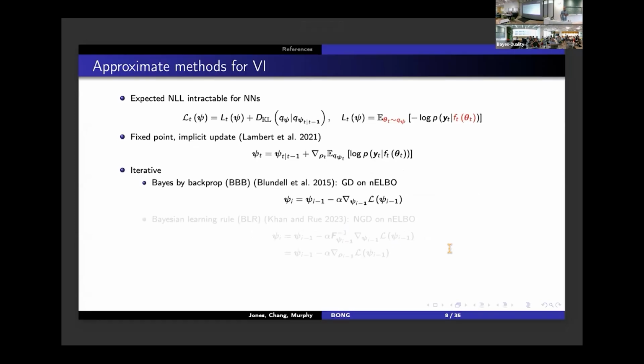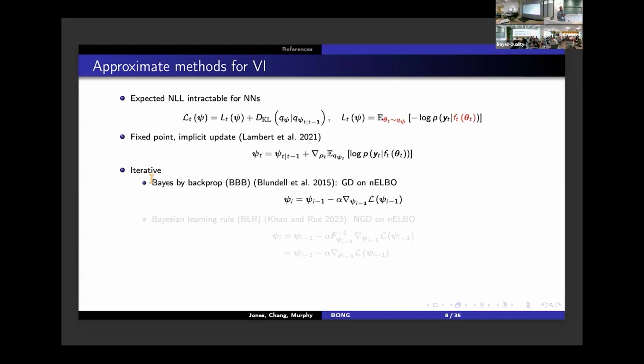Okay, other approaches are iterative ones, where we take the VI loss and do gradient descent on it and converge to the optimum, right? So if you just take script L as a loss function, we can just optimize it using gradient descent. The first well-known paper, I don't know if it was actually the first, to do this is the Bayes by backprop, the BBB approach, which just does gradient descent on the VI loss.